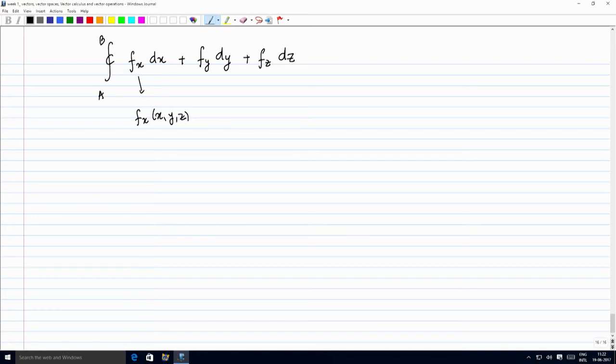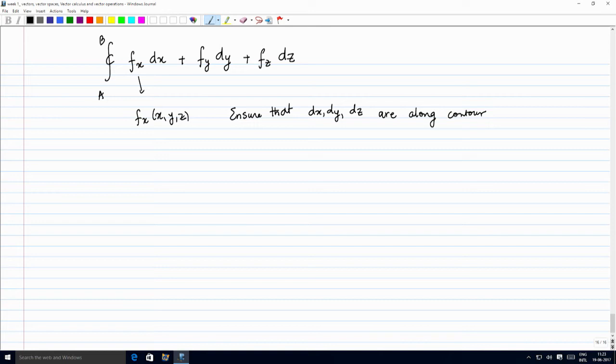Now, it looks easy to write, but in practice it is a little tricky to implement, because you have to ensure that dx, dy and dz are along the contour.